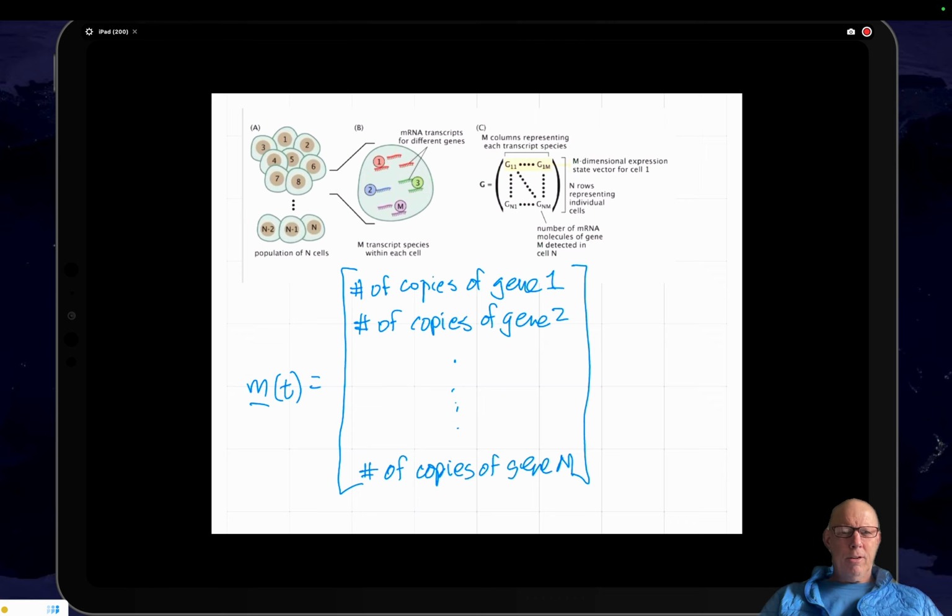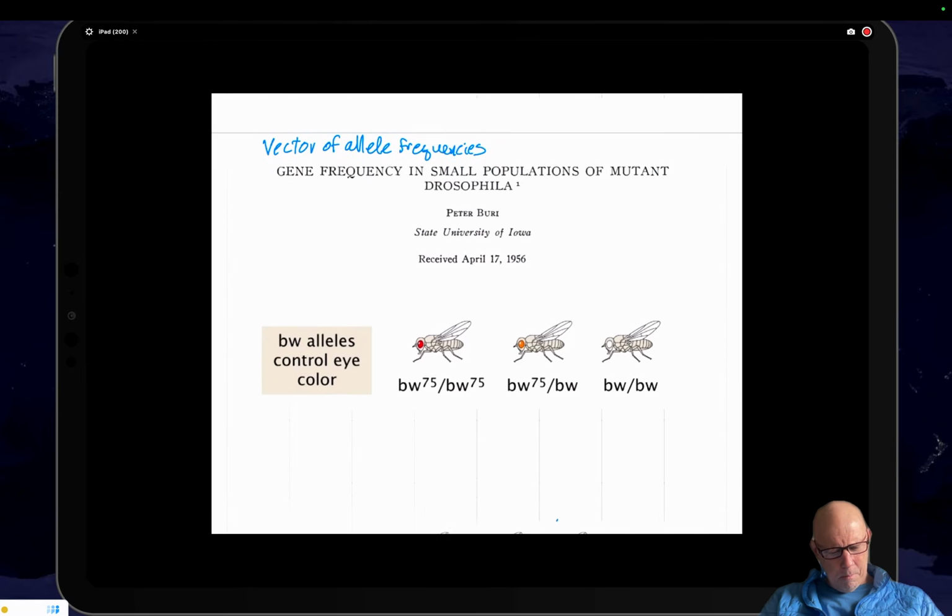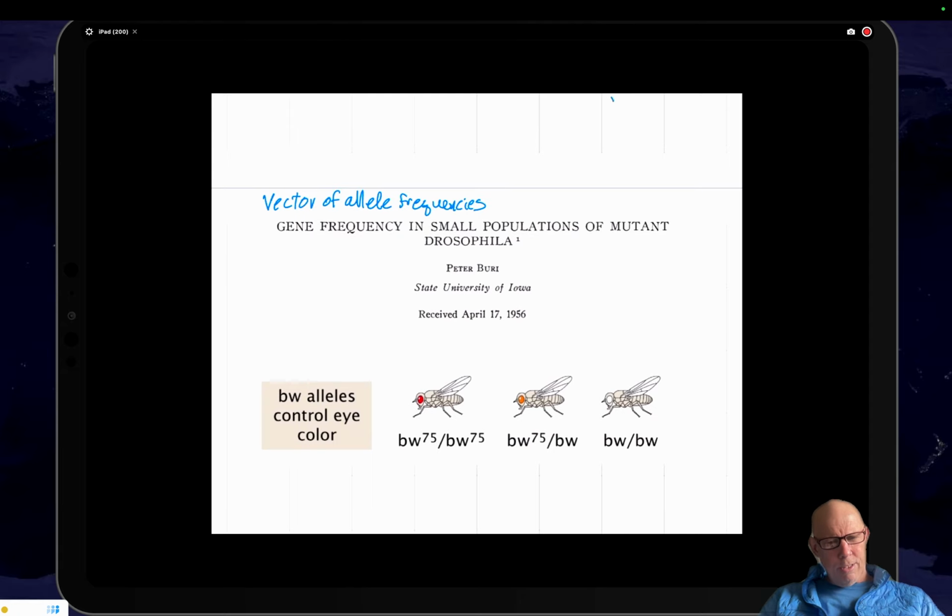Is there a way for us to reduce the dimensionality of that vector? Or is there a way for us to try to understand some linear combinations of that vector as being especially important, and so on? One of my favorite examples has to do with allele frequencies. In this classic experiment done in the 1950s by Peter Buri, he was interested in what we now call genetic drift or neutral evolution.